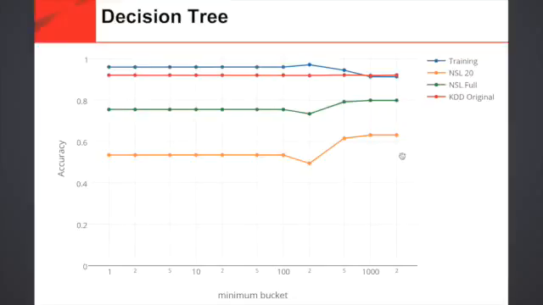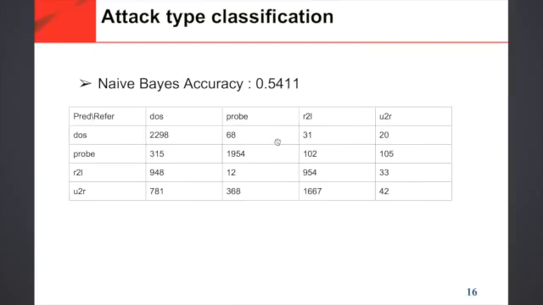So what you get in the test set may be very different from the training set. You must have this ability to deal with it. So let's continue to our second level.